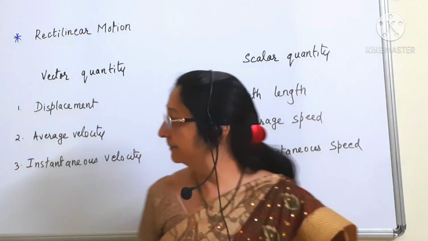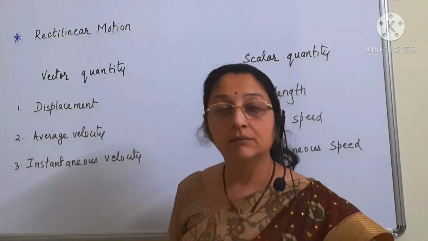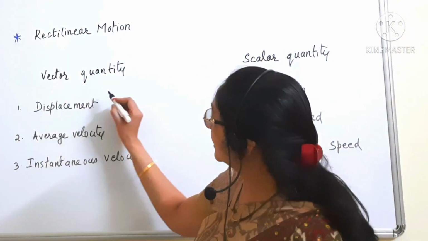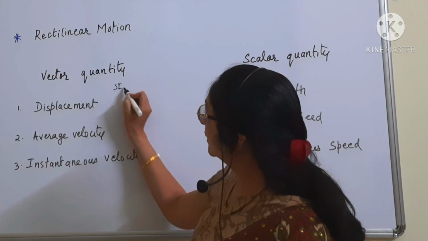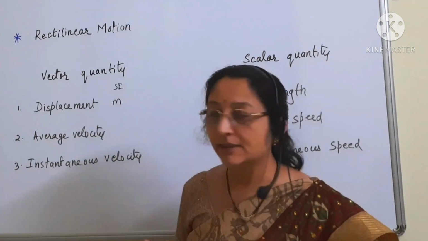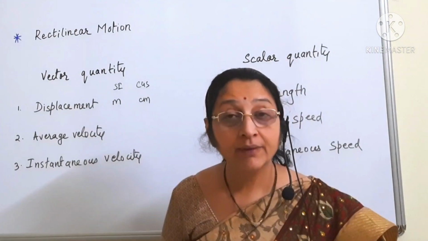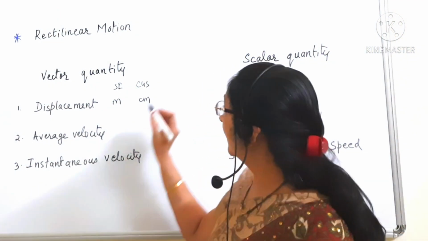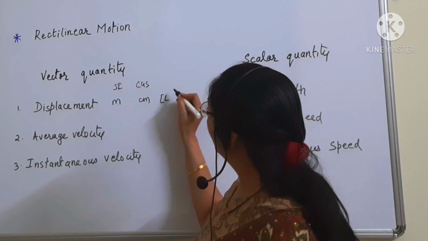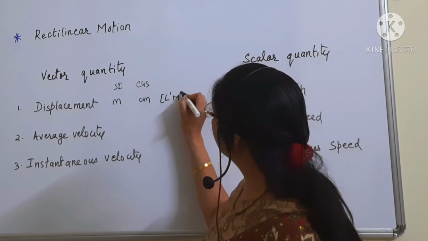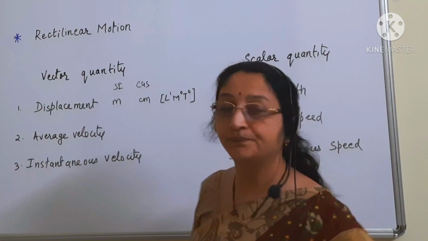Now, the SI unit of displacement is meters and the CGS unit is centimeters. The dimension of displacement is L to the power 1, M to the power 0, T to the power 0.